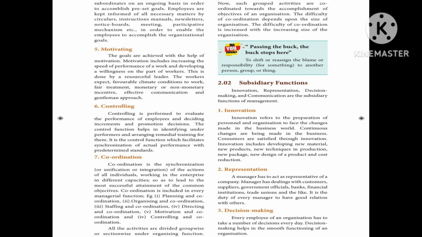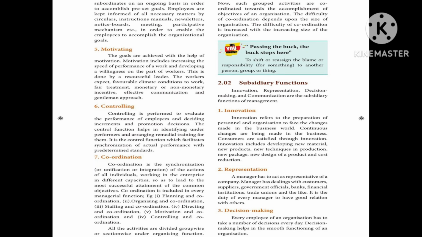6. Controlling. Controlling is performed to evaluate the performance of employees in deciding increments and promotion decisions. The control function helps in identifying underperformers and arranging remedial training for them. It is the control function which facilitates synchronization of actual performance with predetermined standards. 7. Coordination.